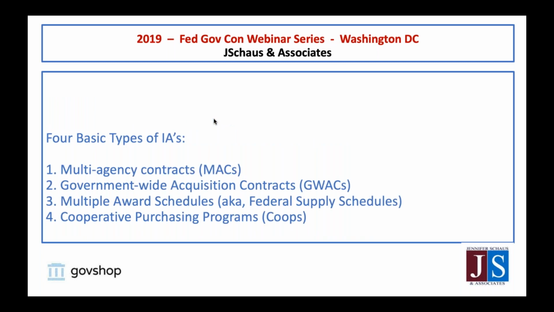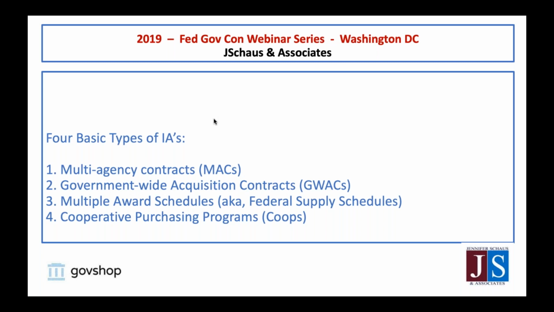All right, so there are four basic types of interagency acquisitions, four primary hunting licenses. There's the multi-agency contract, or the MAC. That's the most general category, the umbrella term that covers all the types of interagency agreements we might talk about. So there's MACs, and there's GWACs, government-wide acquisition contracts.